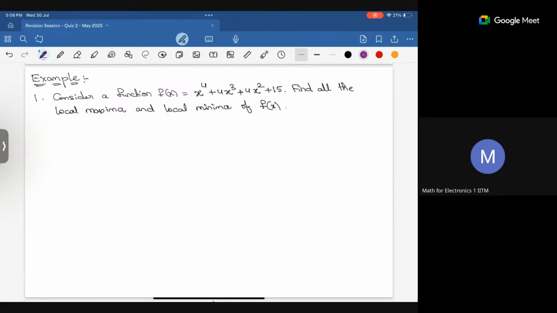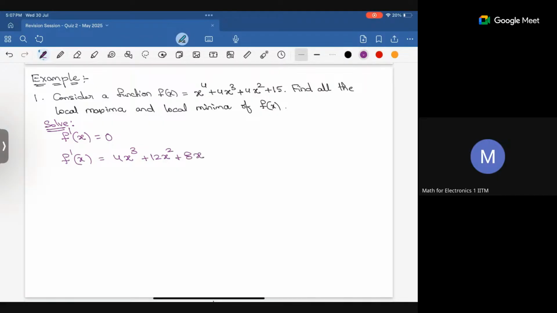So how do we do this? As I said, the first step will always be computing f prime of x, or solving for x such that f prime of x is equal to 0. So for that we will compute f prime of x first. F prime of x will be 4x cube plus 12x square plus 8x.